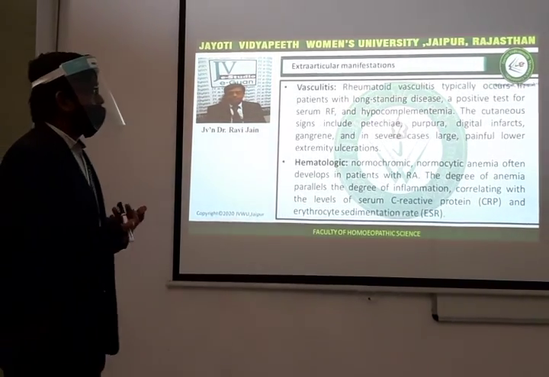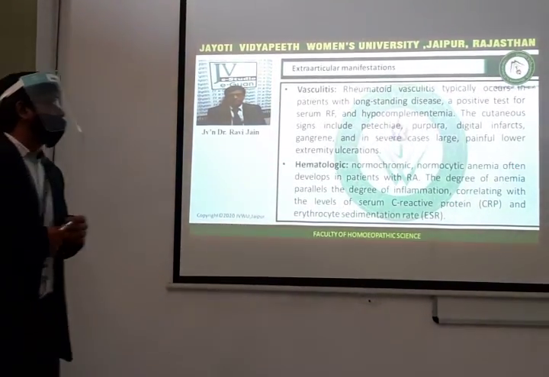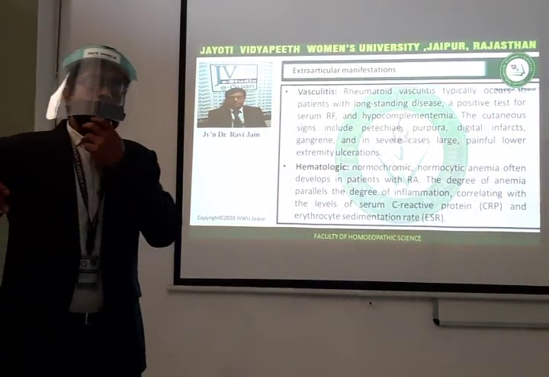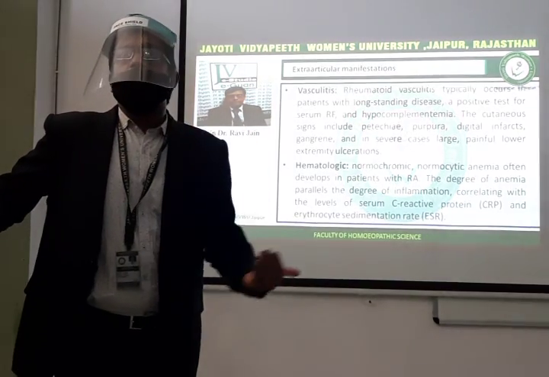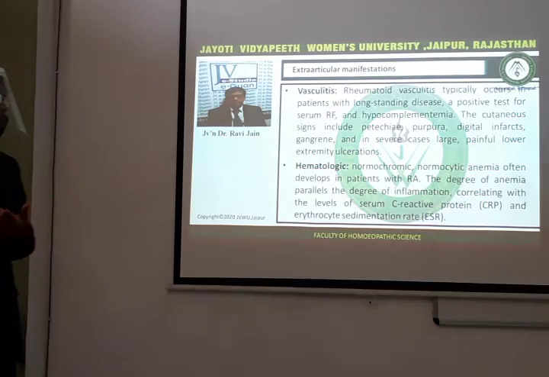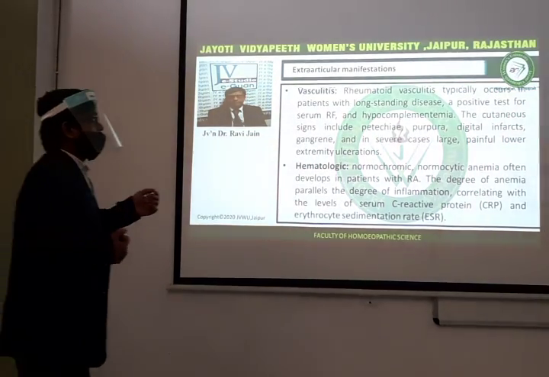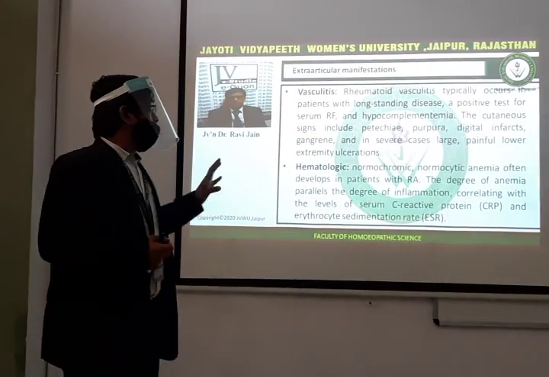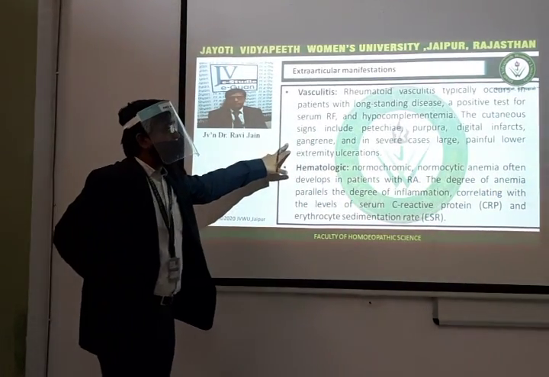Next, we have vasculitis. Rheumatoid vasculitis typically occurs in patients with long-standing disease. Because these diseases occur very early in life, a lot of changes are seen as the disease progresses. A positive test for serum RF, this you have to always write, rheumatoid factor positive, and hypocomplementemia.